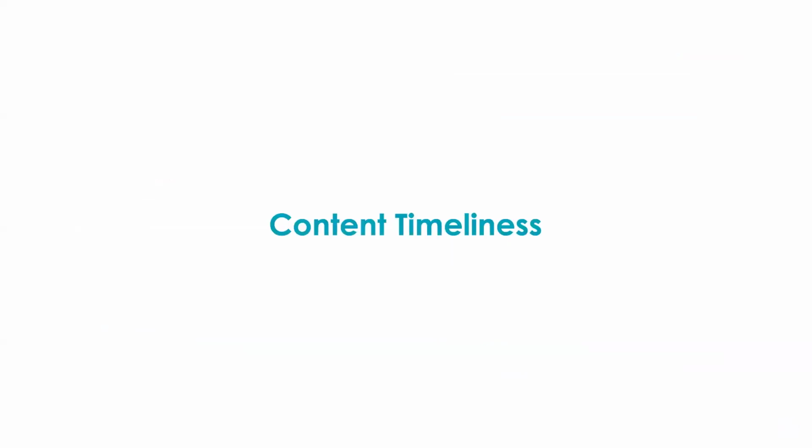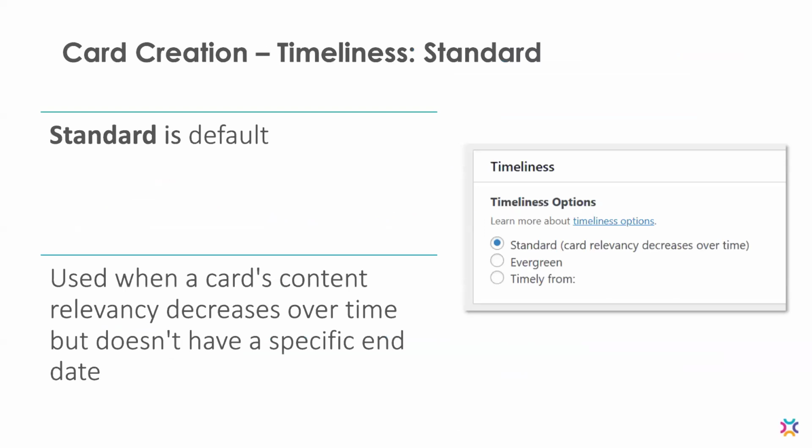First, let's talk about content timeliness. Standard is the default. On any card you create, standard's the default. Standard timeliness means that a card's content relevancy decreases over time, but doesn't necessarily have a specific end date. A good example of this is, let's say you do monthly staff picks.